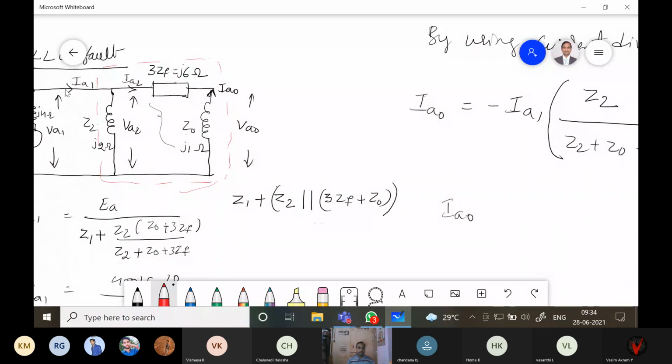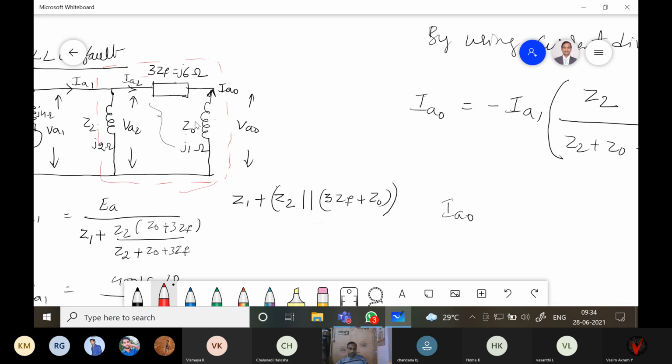IA naught is equal to the main current, but both are in opposite direction, so it is taken as negative, into the opposite impedance for Z naught, which is Z2, divided by the sum of impedance in this circuit, Z2 plus 3ZF plus Z naught.